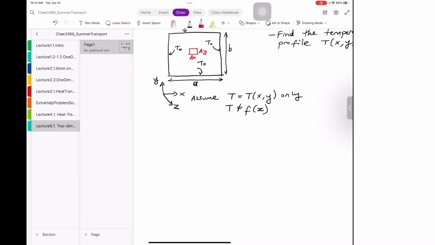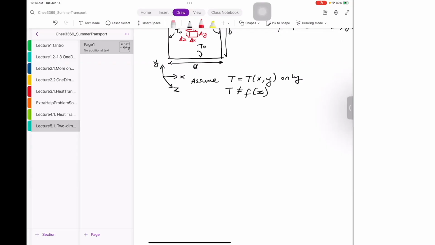You can actually have it also along the z direction, if you like, delta z. Okay, so I got a cube there.